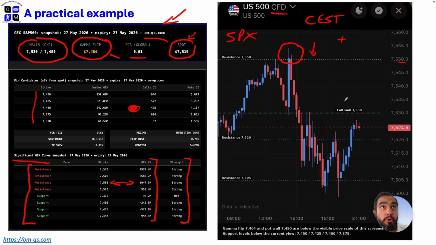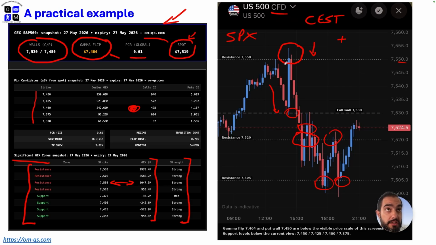The call wall, in this case, in the first hit, was a support. Again, positive GEX environment. It bounced back there, came back, resisted a little bit, and then you see that the entire movement of the day was exactly based on our levels, right? Actually, I made the circle wrong, it should be here. That is the point, my friends.